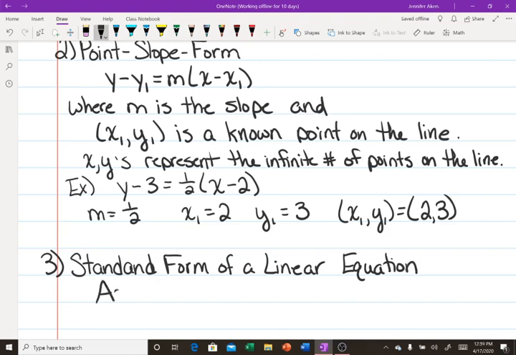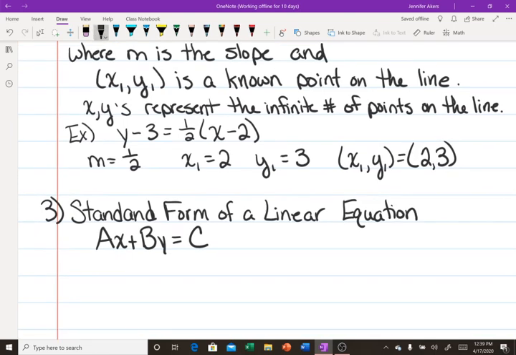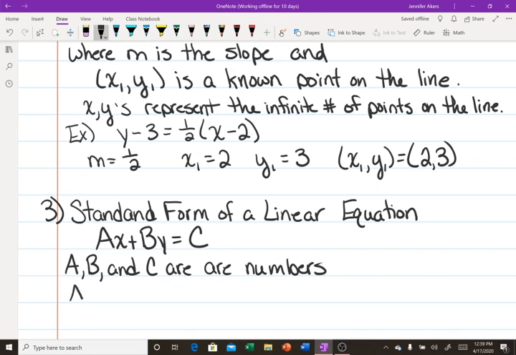We have capital A x plus capital B y equals C. A, B, and C are real numbers. A and B together cannot equal 0. One or the other can equal 0, but not both.